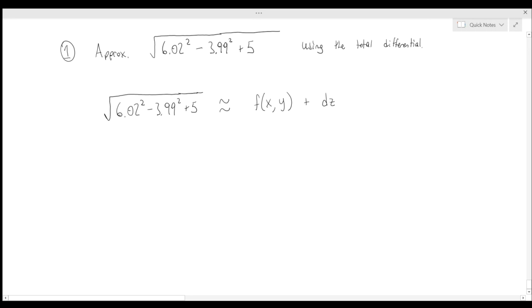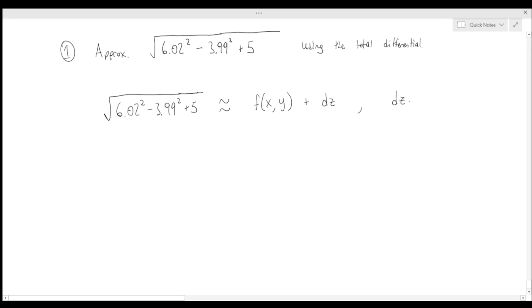But in the problem, you are going to need to figure out what the function f is, and you're going to need to figure out what the x and the y are. And so you can do that by looking at the expression that you're trying to approximate. Before I do that, let me remind you guys about dz, which is what they refer to by the total differential.